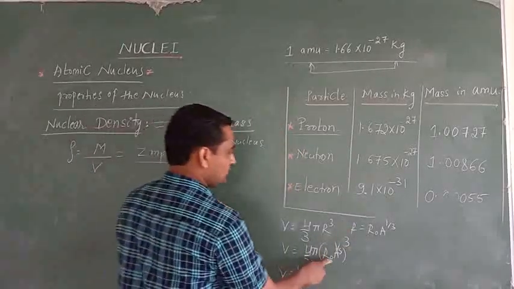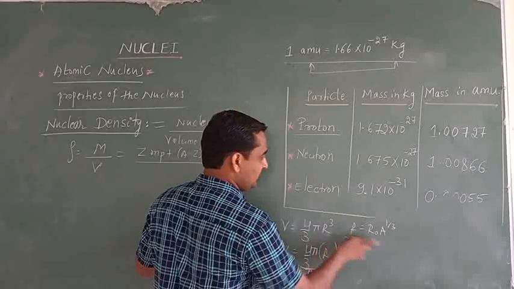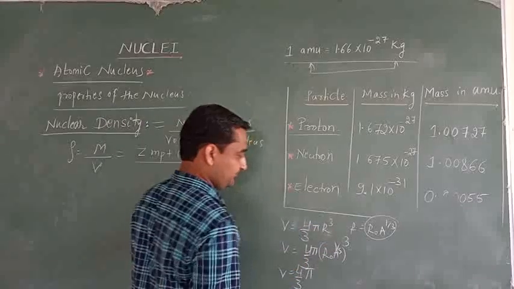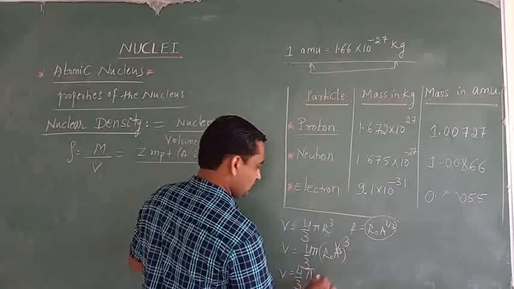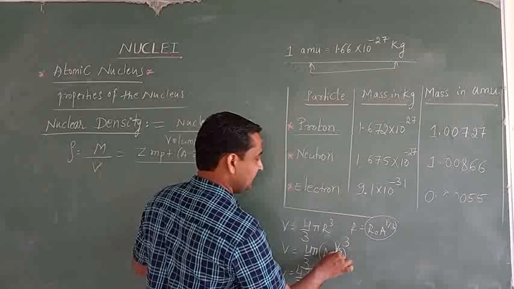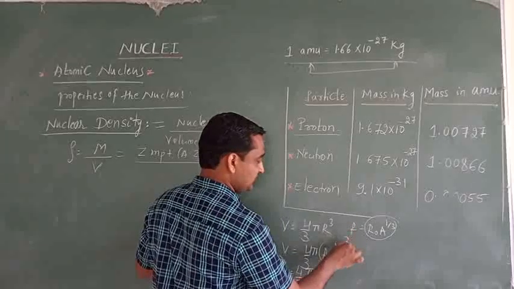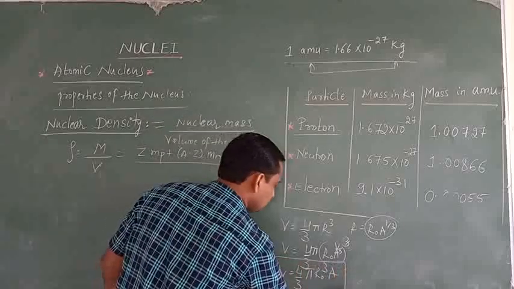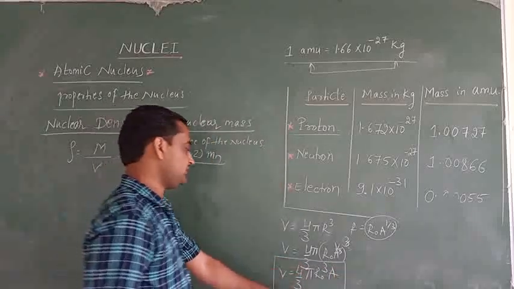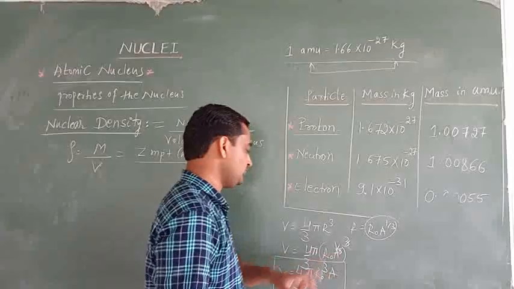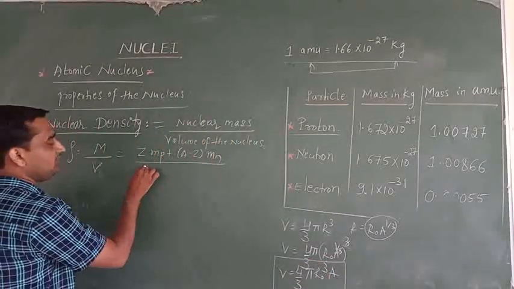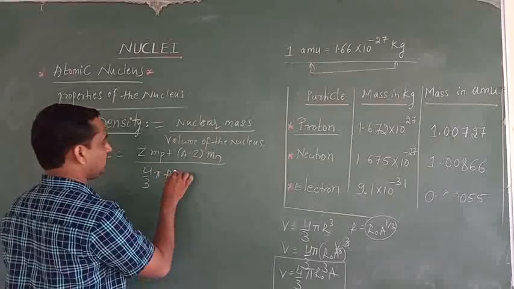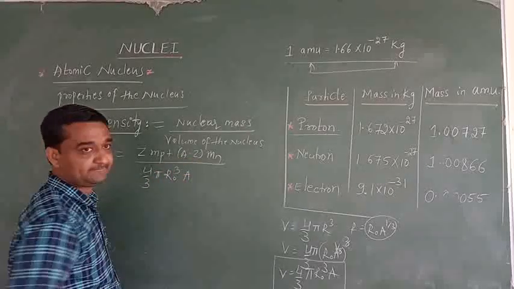In place of R, I have put R naught into A to the power 1 by 3, whole raised to cube. So R naught cube, and A to the power 1 by 3 whole raised to 3: the 3 gets cancelled, A is remaining. So now I have got the volume as 4 by 3 pi R naught cube into A.